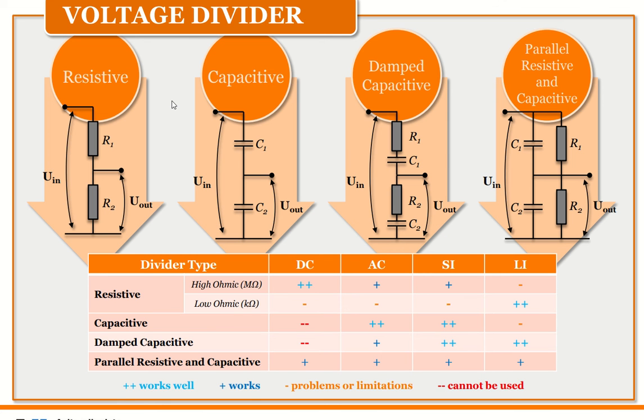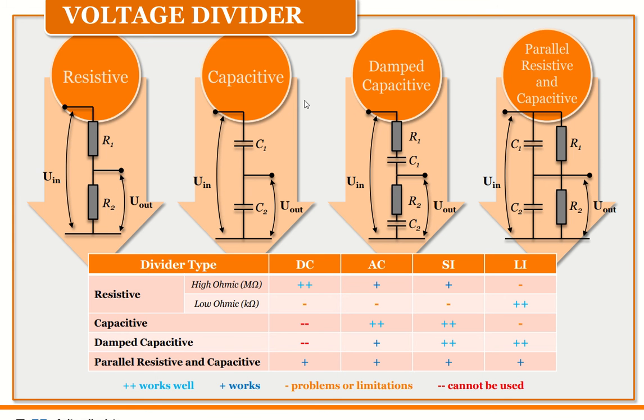If you still remember the voltage divider from circuit theory, to calculate the value of V out here, you need V in times R2 over R1 plus R2.